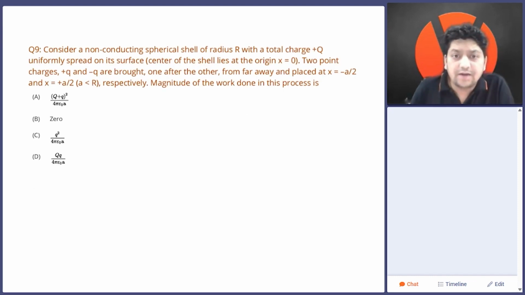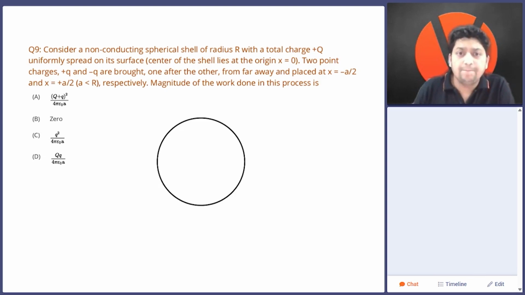Consider a non-conducting spherical shell. There is a spherical shell which is non-conducting, of radius r, with a total charge plus q uniformly spread on its surface. The center of the shell lies at O. Two point charges plus q and minus q are brought one after the other from far away and placed at x equal to minus a by 2 and x equal to plus a by 2, where a is less than r.